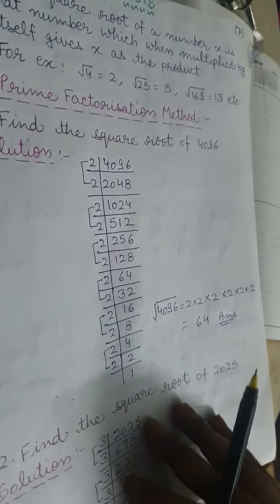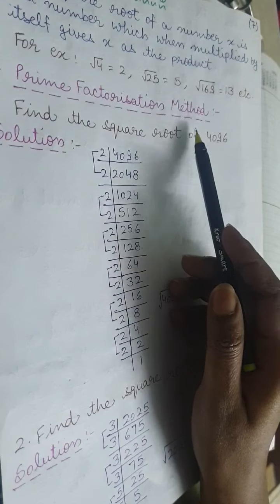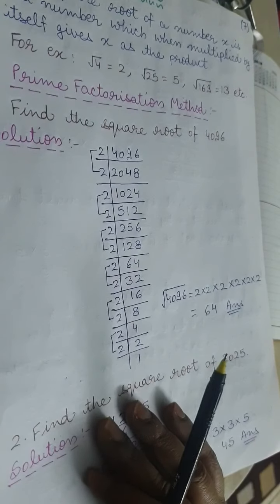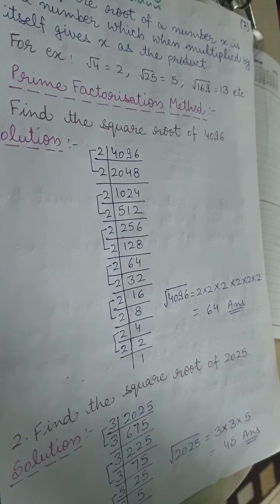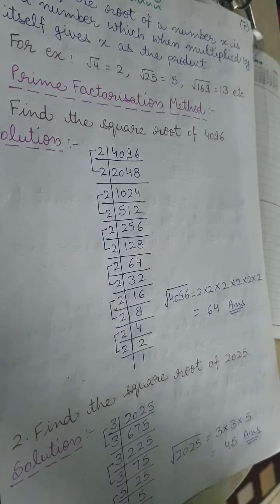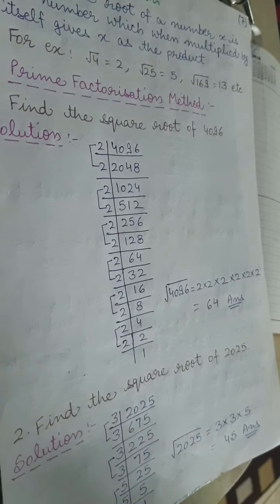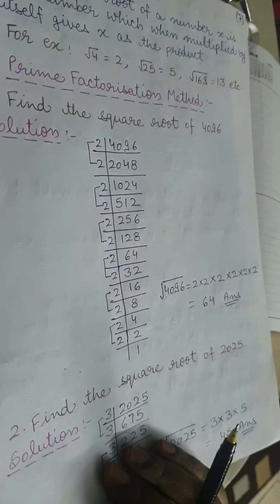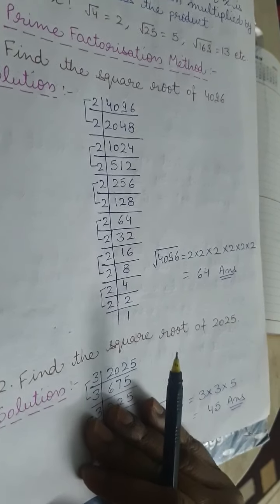Now we are using the prime factorization method to find out the square root. I think there should be no problem regarding this method.